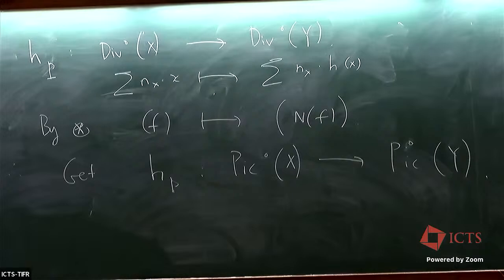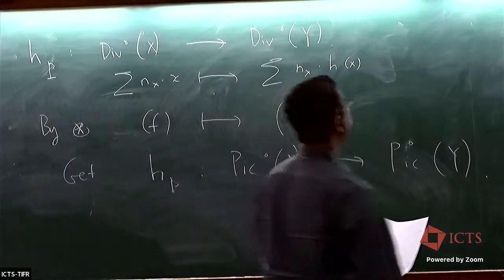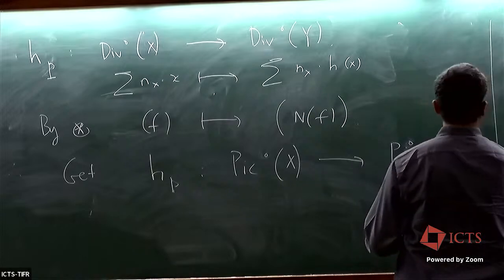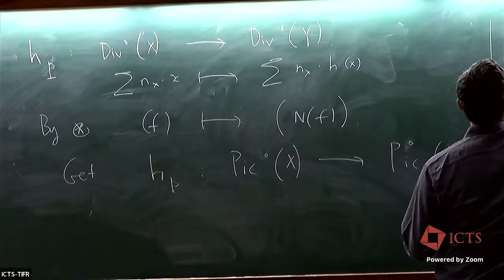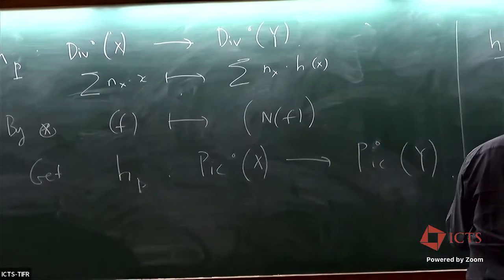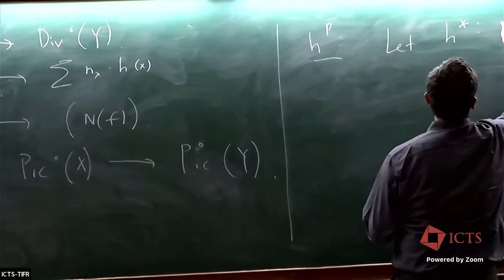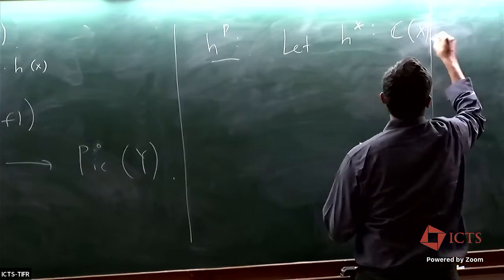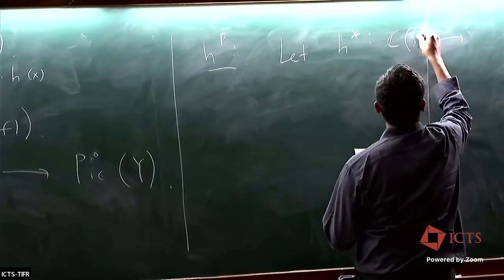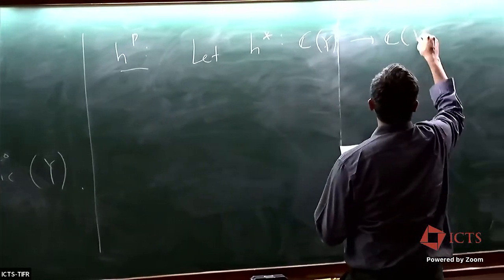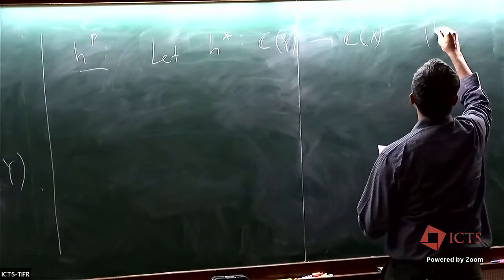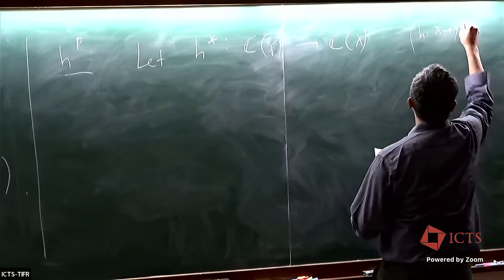There's a similar recipe for pulling back divisors. Let's call that h upper P. So how is that defined? So let h star be the pullback map on functions. Sorry, be y to x now. h was a map from x to y. Better write it again.